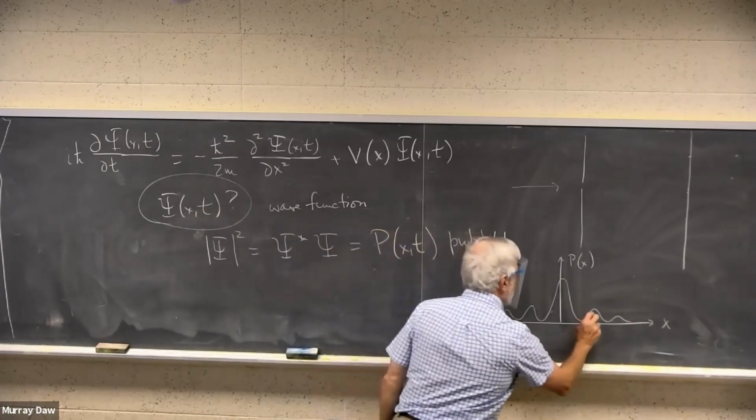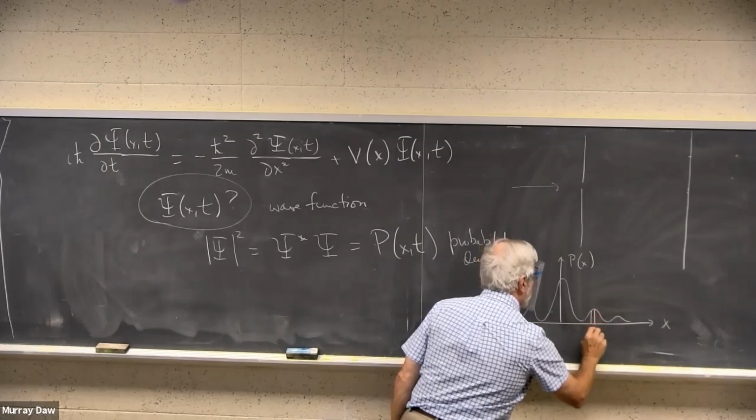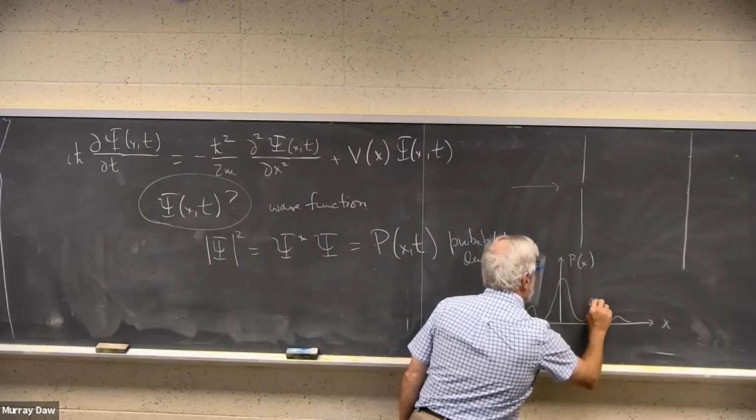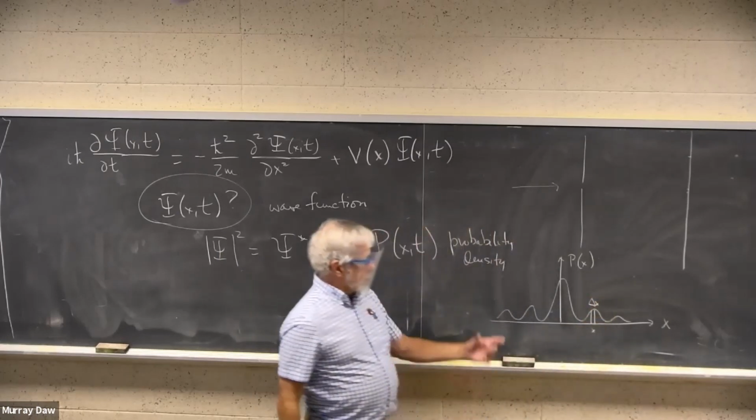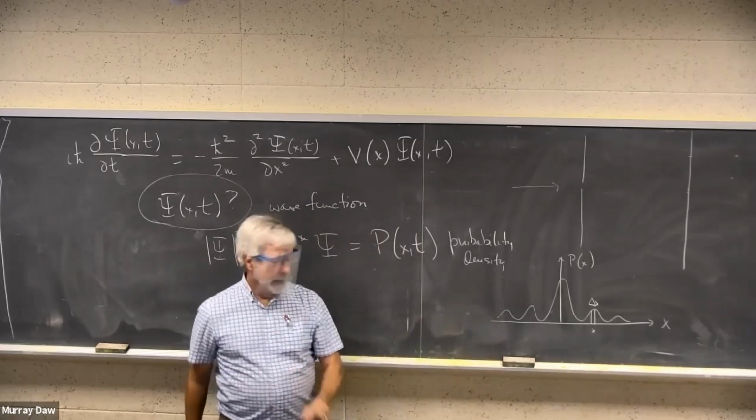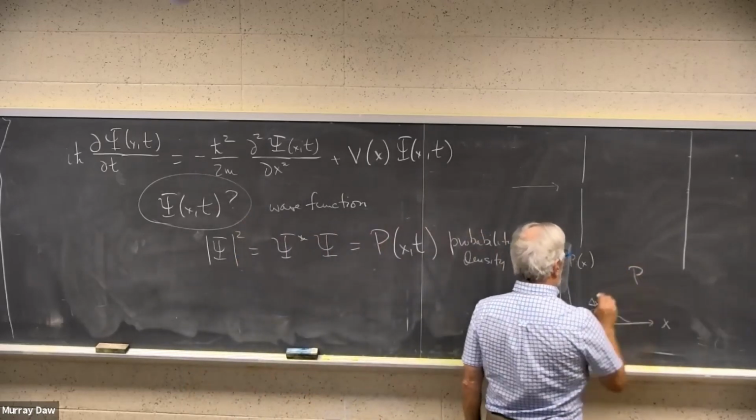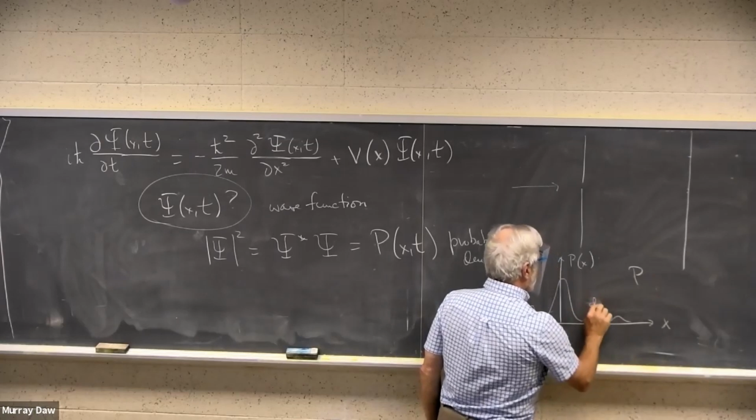The point is that now if I have a value of X and a distance dX, it's really small.